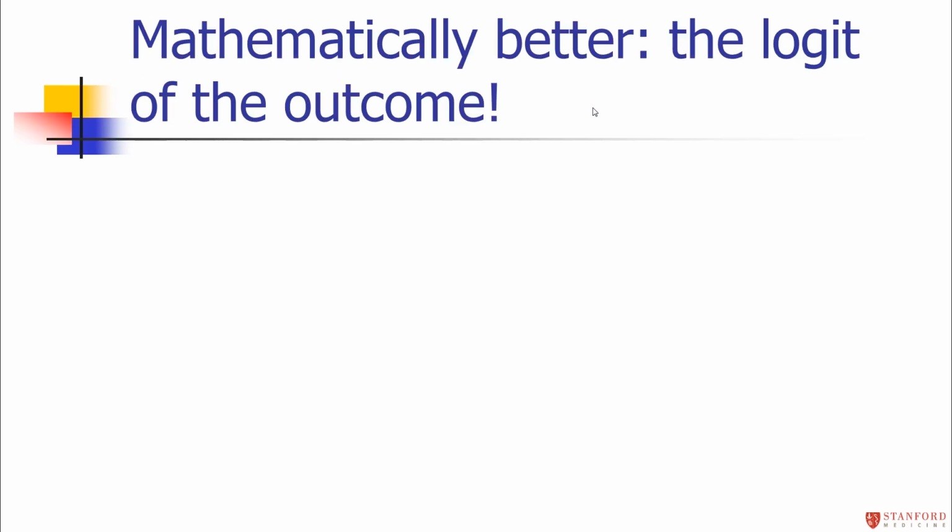So what we're going to do is, instead of directly having the probability be the outcome variable, we're going to make a little transformation. Probability is bounded from 0 to 1. If I divide the probability by 1 minus the probability, that, of course, is what we learned in week 2 of the course, an odds. So the probability divided by the probability of something not happening is an odds.